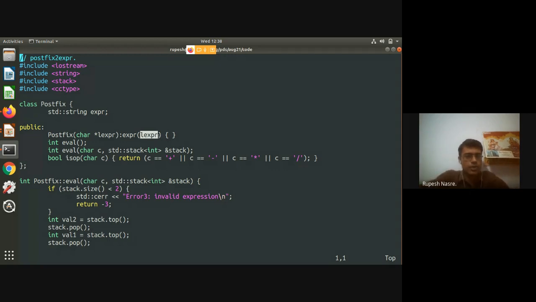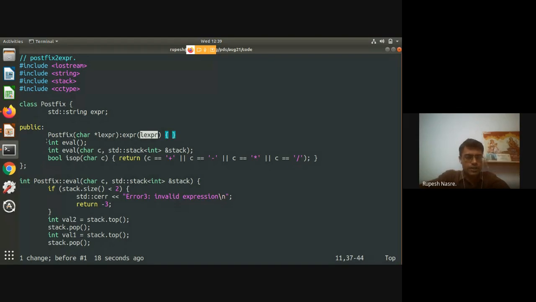This is the same as doing expr equal to lexpr, right? So that is the same as doing it here as part of the constructor argument. It is just a different syntax. There is a small difference that this gets invoked before the object is created and so on, but don't worry about that, right? So this is the same as that.